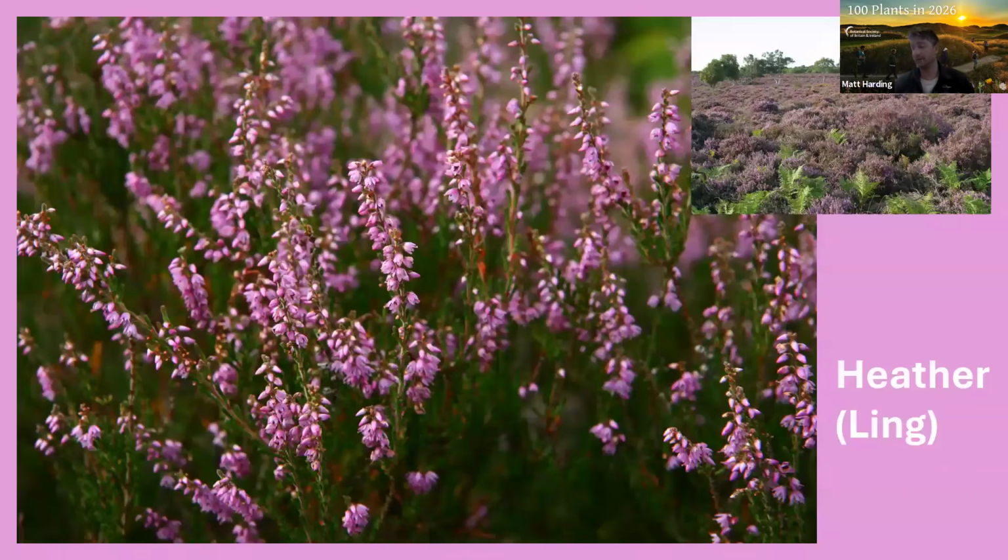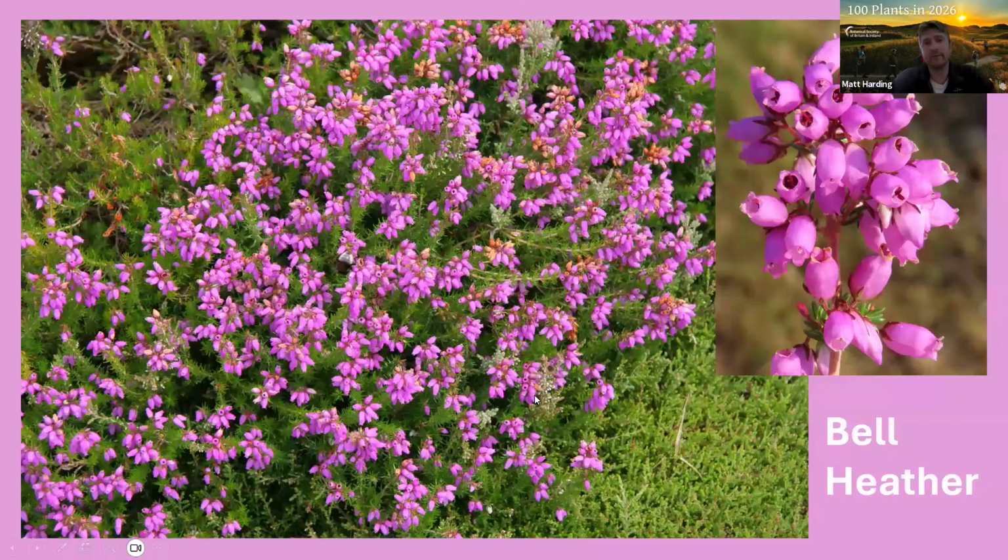So starting off on the dry heaths with a very familiar plant, heather. This has pink flowers, usually pink, running up the stem rather than clustered together at the top. The petals are only fused at the base, and the leaves are very small and opposite. Contrast that with the bell heather, where the petals are fused into this fantastic bell, and the flowers are much more clustered towards the top of the plant, bigger and more clustered.